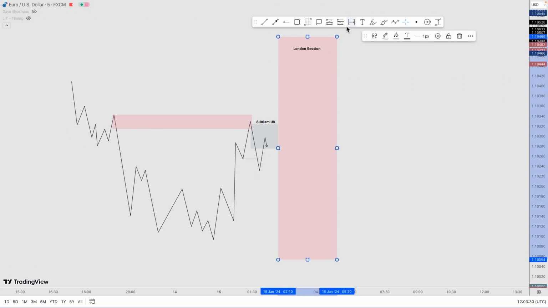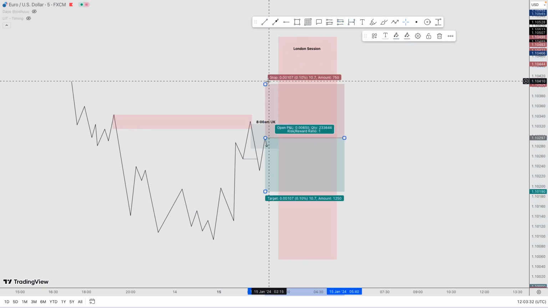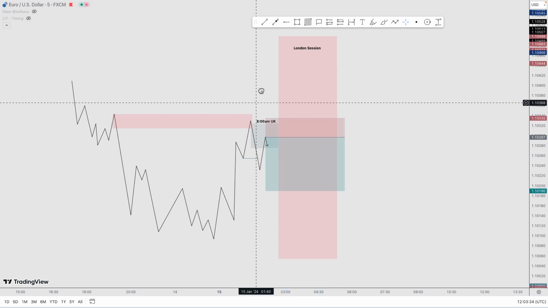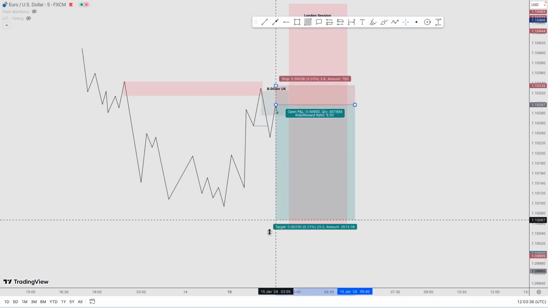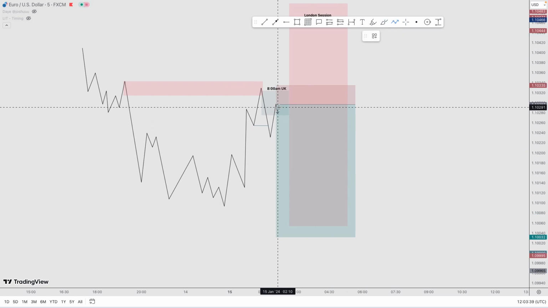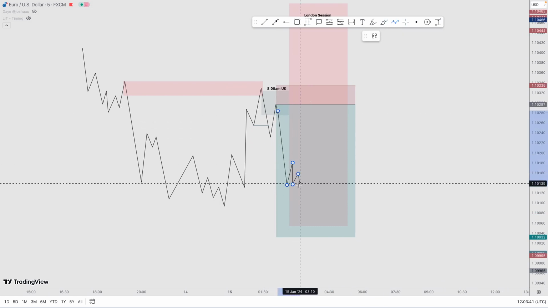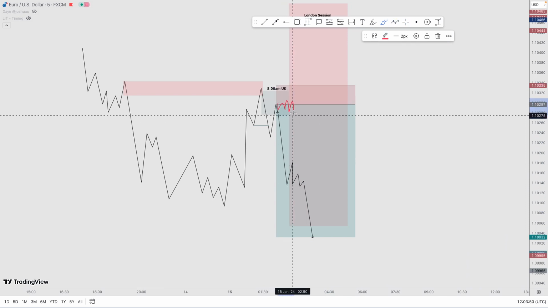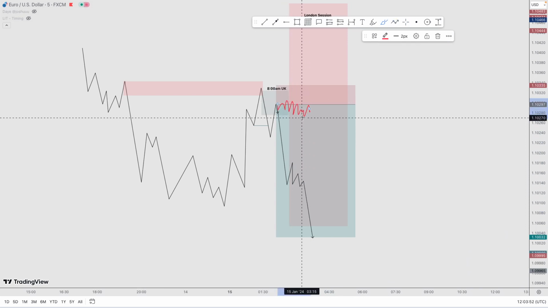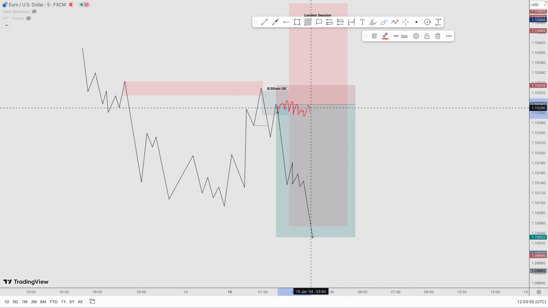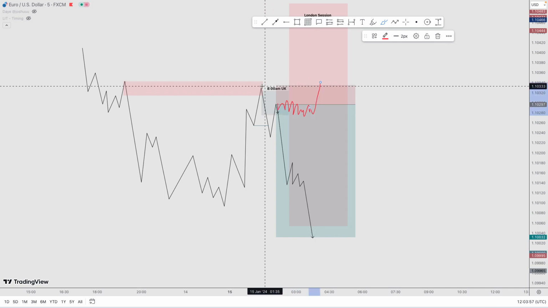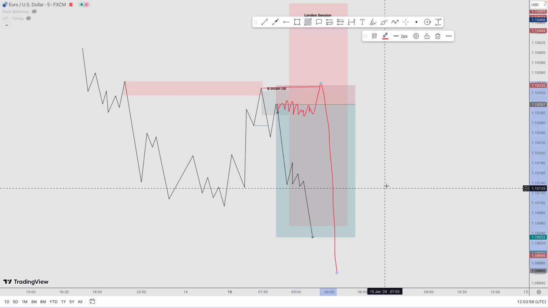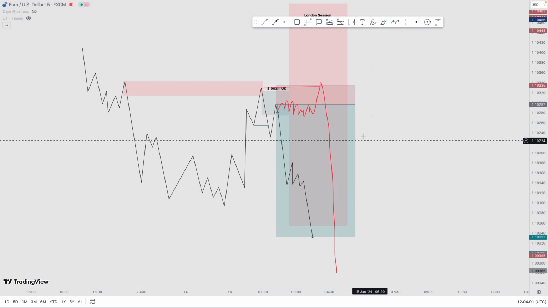So 8 o'clock comes, bang, you enter, stops just above, and you are going to impulse extremely quickly into profit, as long as your entry is correct and direction is correct. If it starts playing around the entry and doesn't really know what to do, it's because price isn't ready. By that, it could potentially just be a simple sweep of the high and then bang, it'll melt. But either way, price will always melt around 8 o'clock.